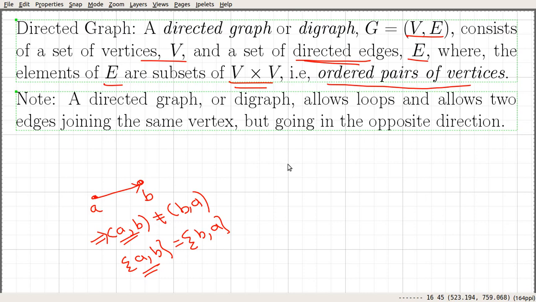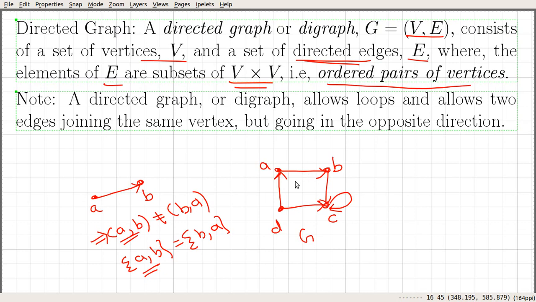So let me give an example of a directed graph. Let me label the vertices as A, B, C, D. Okay, let the graph be G. So this is an example of a directed graph.